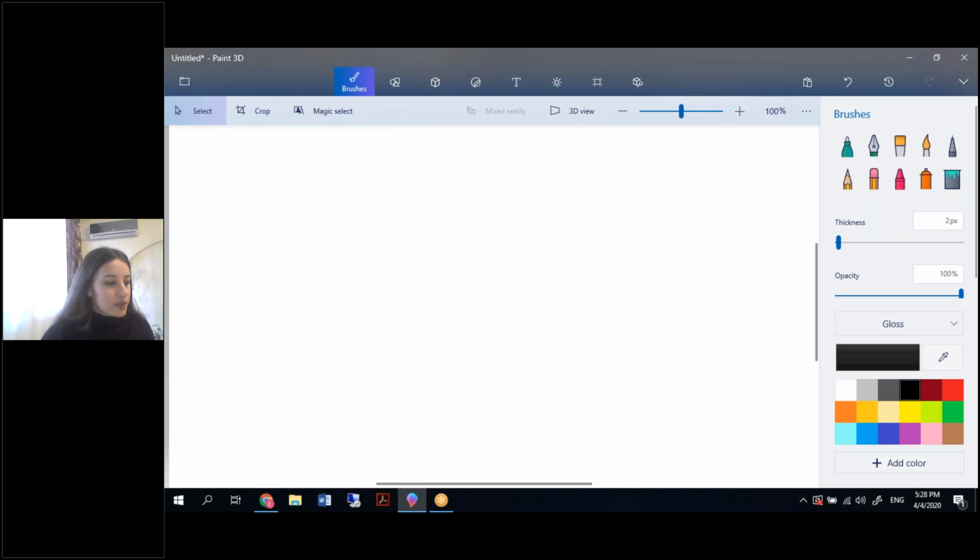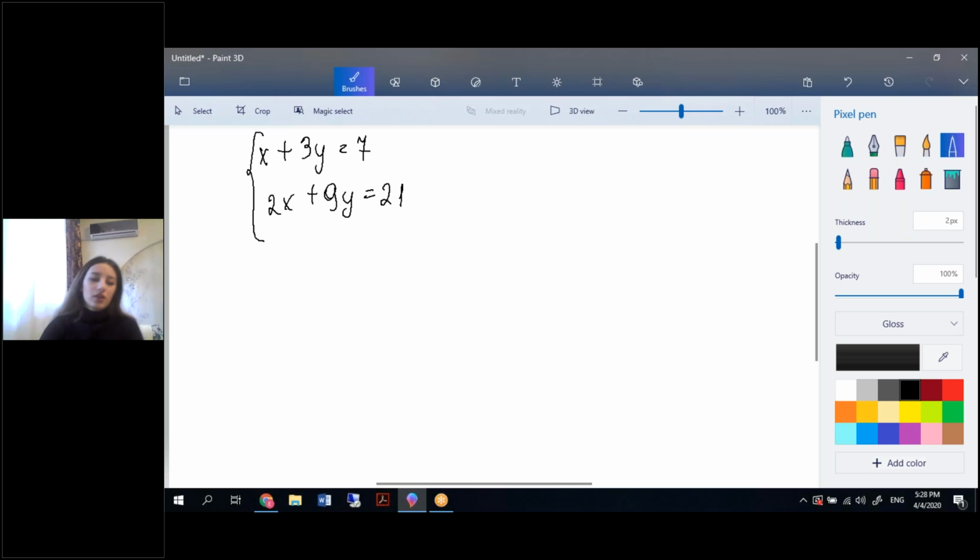Here we have x plus 3y equals 7, and 2x plus 9y equals 21. So now let's take these coefficients: 1 over 2, 3 over 9, and 7 over 21.